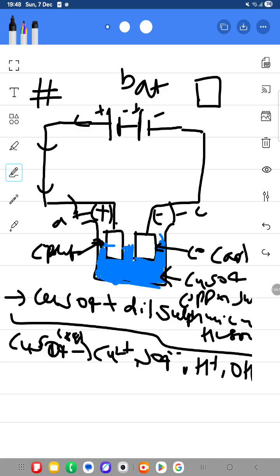We will understand again. When electricity passes through the CuSO4 solution, the CuSO4 will start breaking. It is an aqueous solution, meaning it contains water. CuSO4 will break into ions, Cu2+ and SO4 2-, and H2O will also break into H+ and OH-.